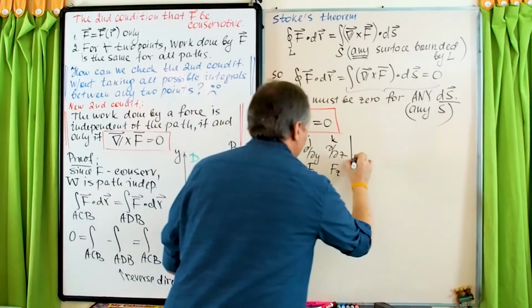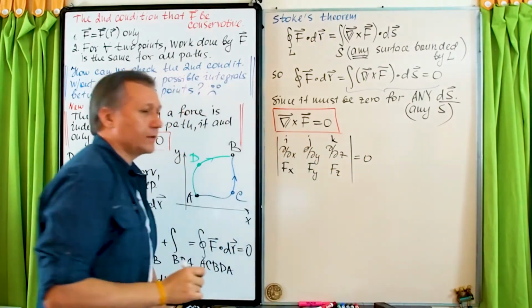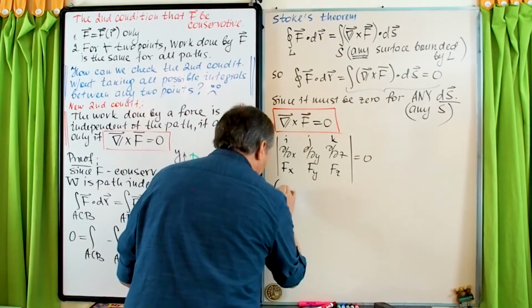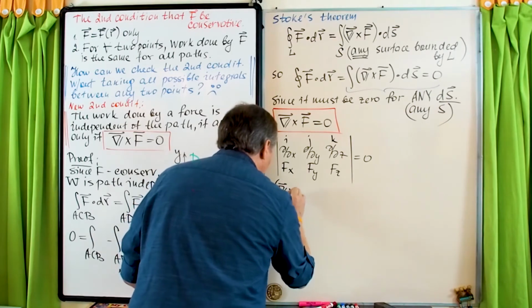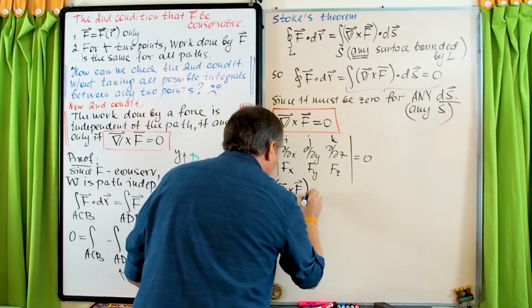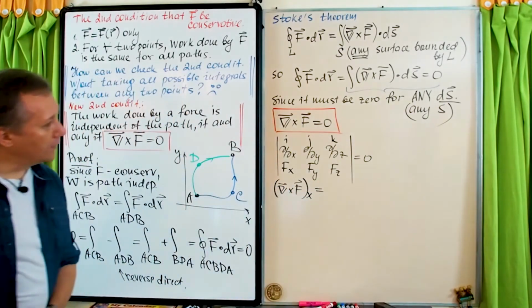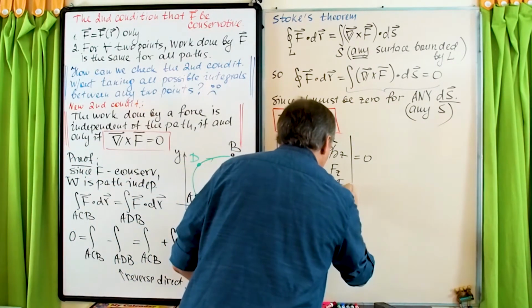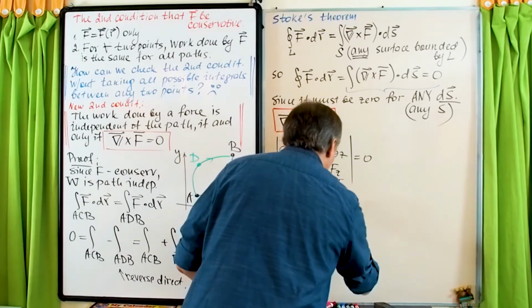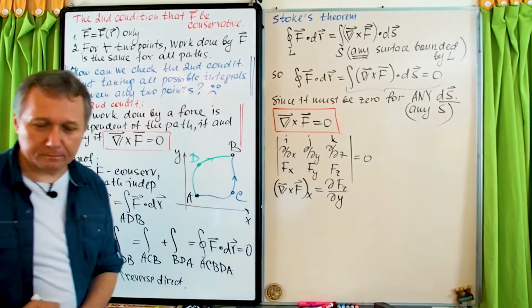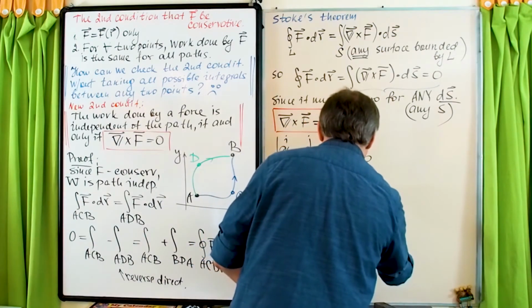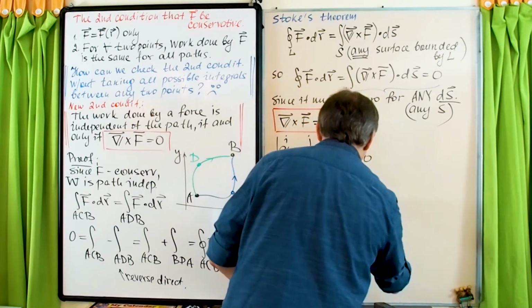And it must be equal to 0. So as a result, the x component we can write. Curl of F x component will be partial derivative of Fz over dy, minus partial derivative of Fy with respect to z.